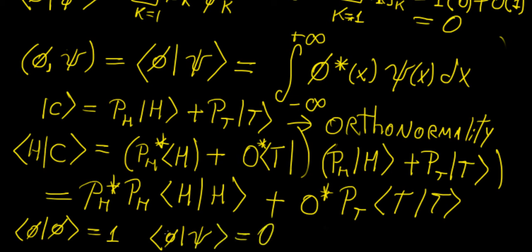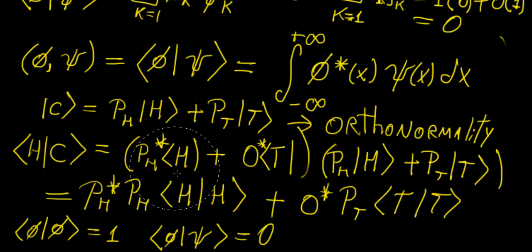So this is the correct definition. This is going to be 1 because this represents the probability, and the function is normalized, so this should always add up to 1. But if the two functions are orthonormal and we take an inner product, we should get 0. Because essentially the dot product of two vectors that are perpendicular to each other is 0. So that's the same definition we're using here.